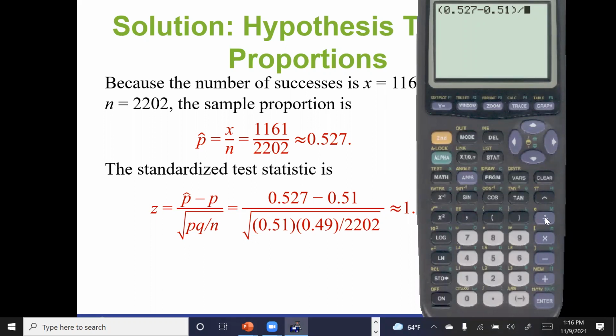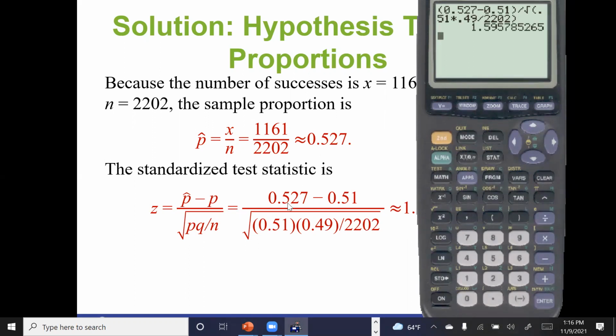Then we divide by the square root of 0.51 times 0.49 divided by 2202. We don't need the extra parentheses for the 2202 because it's just a single divider. If we had multiple things in there, then we have to keep them all together. So with that said, voila, we're good.